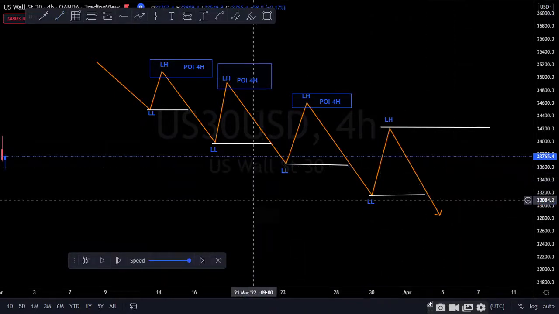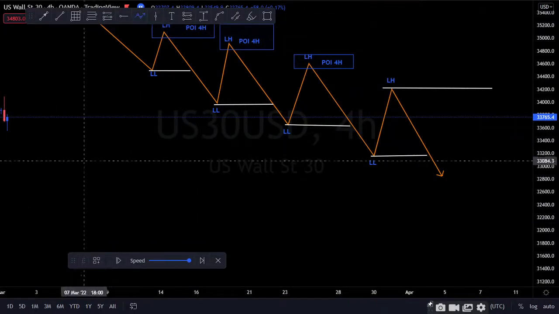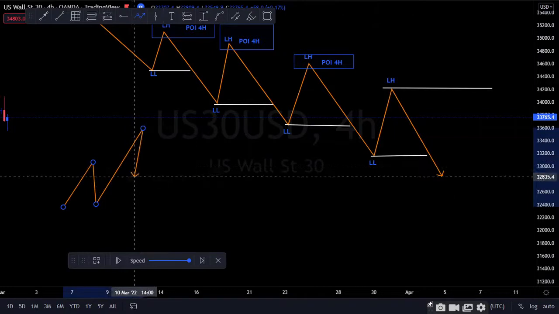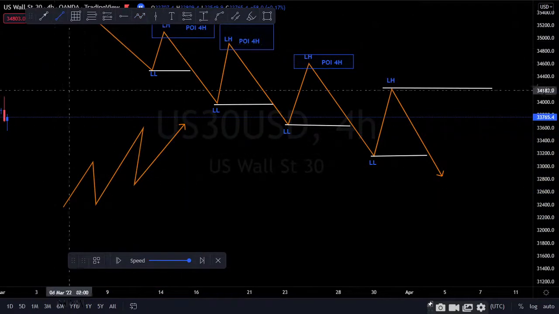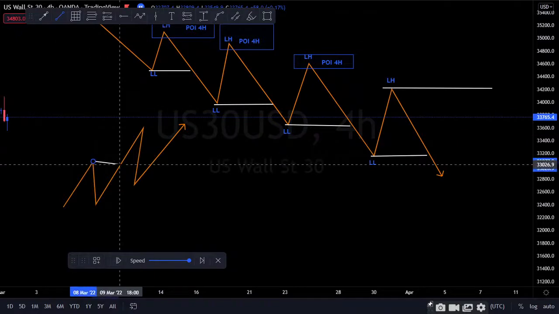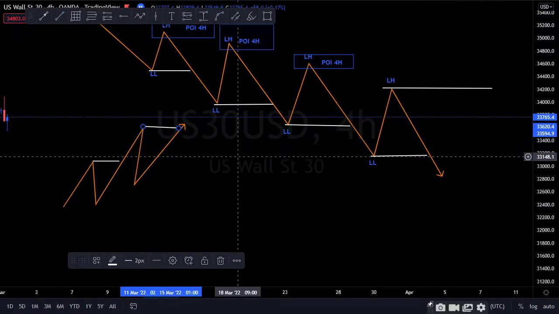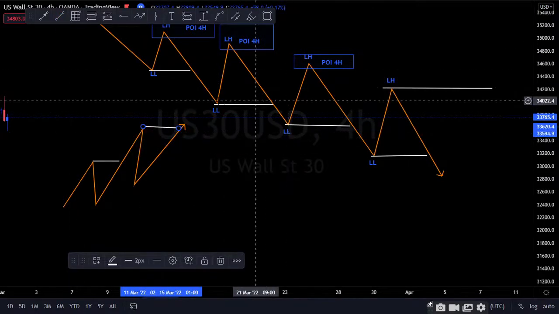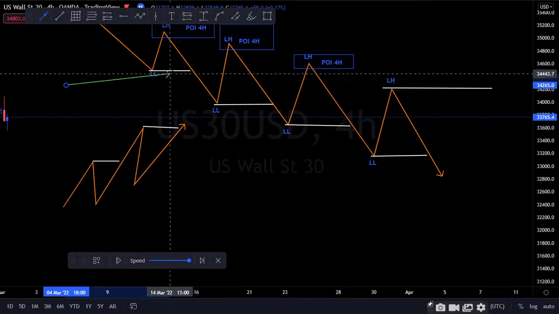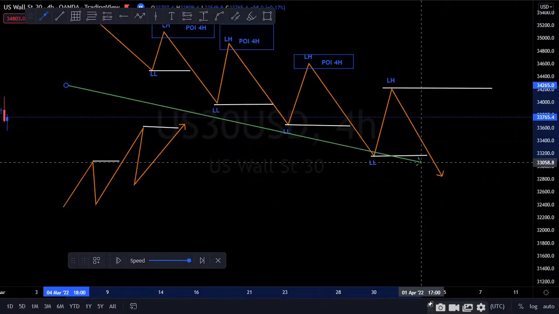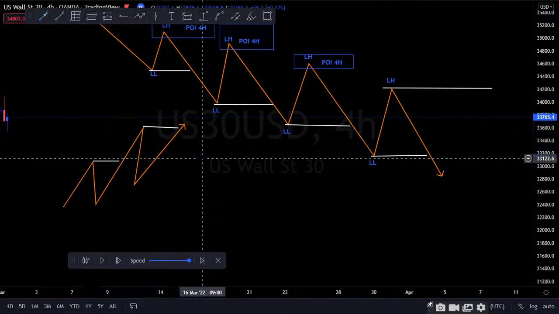In bullish market structure, we have our BOS, break of structures, at the top. But in bearish market structure, the breaks of structure are at the bottom. You see, so this is a BOS, BOS, BOS, BOS. But in bullish they are at the top.